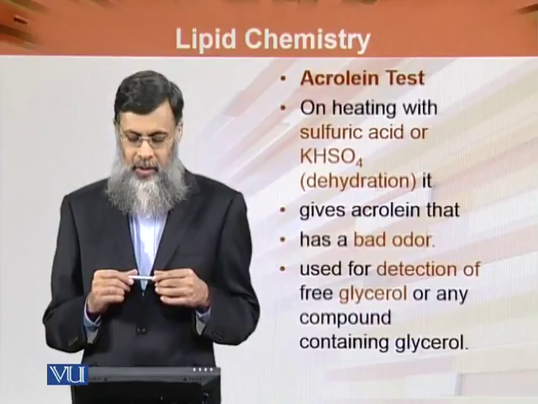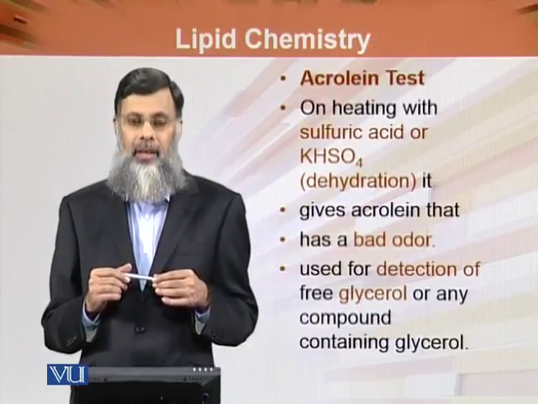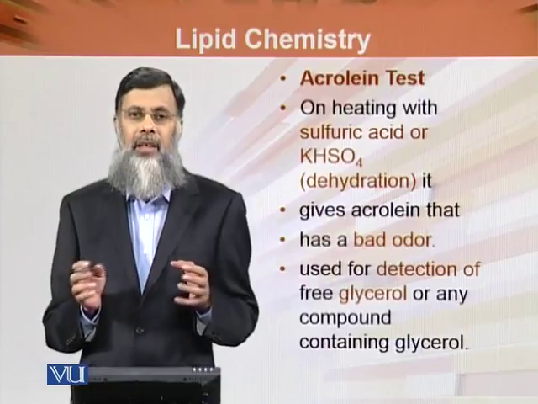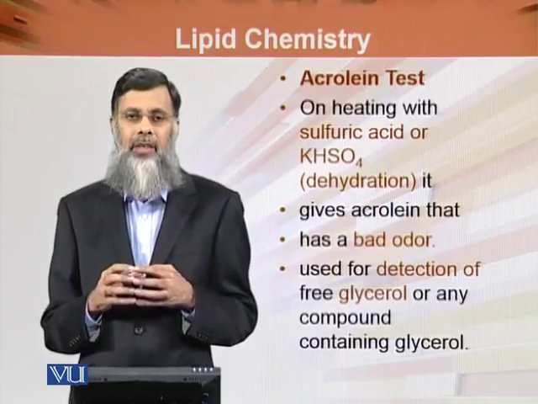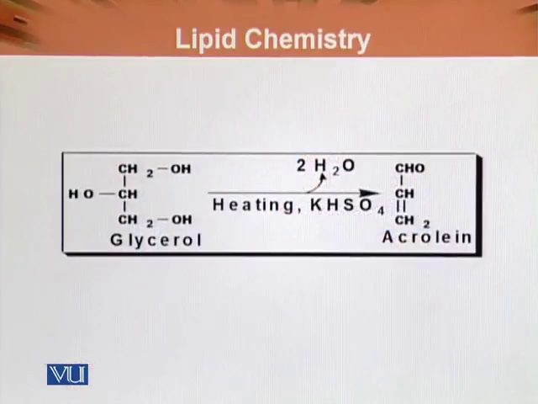Used for detection of free glycerol or any compound containing glycerol. To detect whether a compound contains glycerol or not, we perform the acrolein test. This is the reaction occurring in the acrolein test.